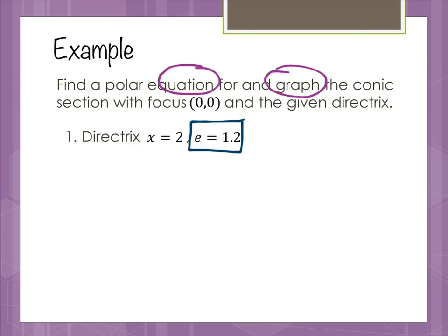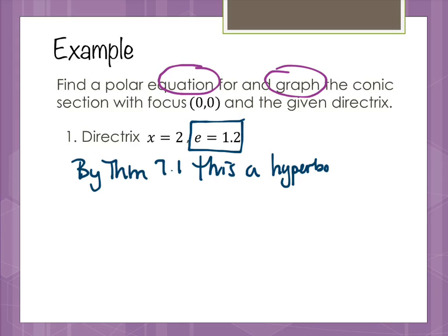So theorem 7.1 tells me that this is a what? This is a hyperbola. Okay, so I should be able to say that without graphing anything here. I'm going to show you how to graph it in a minute, but we should be able to make that claim.